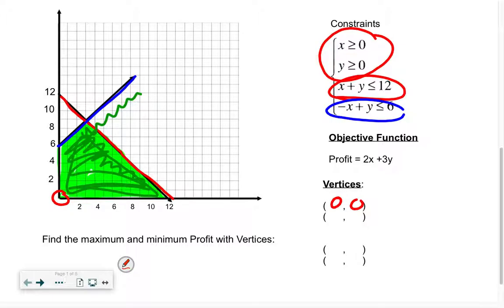Then we have, well, let's just go clockwise. This vertice, which is 0, 6. This is another nice one. This is 12, 0. And our other one, does it look like it meets in a nice spot?